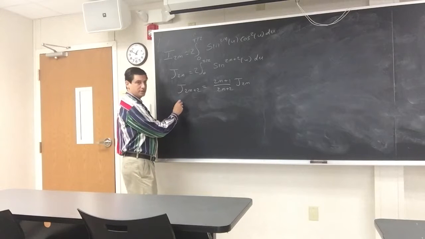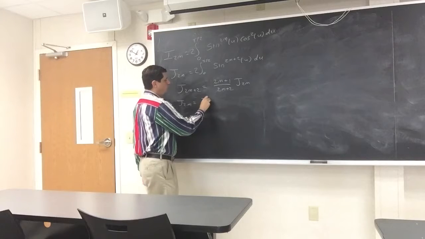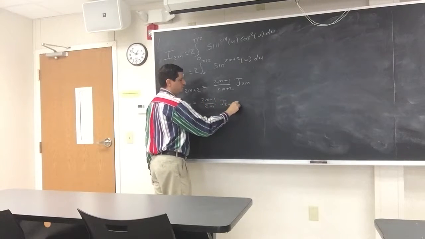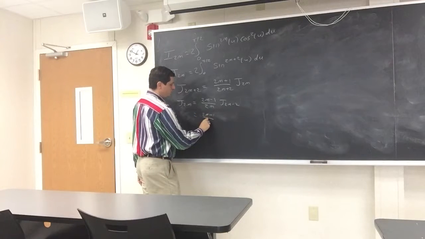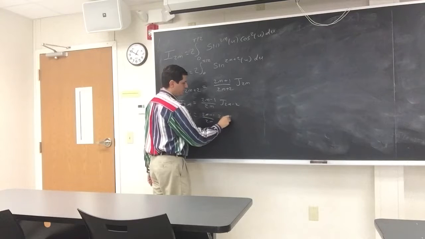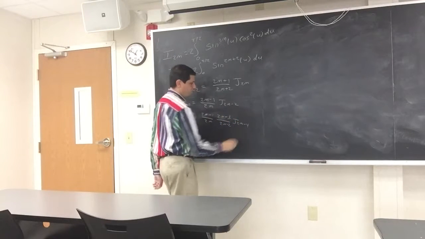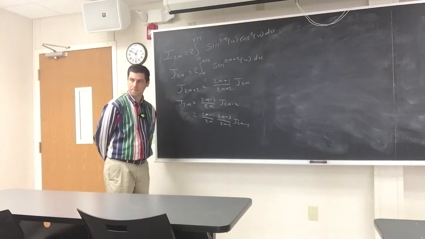And so if we want, we can then just keep going by induction. So j of 2m would be 2m minus 1 over 2m, j of 2m minus 2. So this would then be 2m minus 1 over 2m, 2m minus 3 over 2m minus 2, j of 2m minus 4. And we keep doing this all the way down.